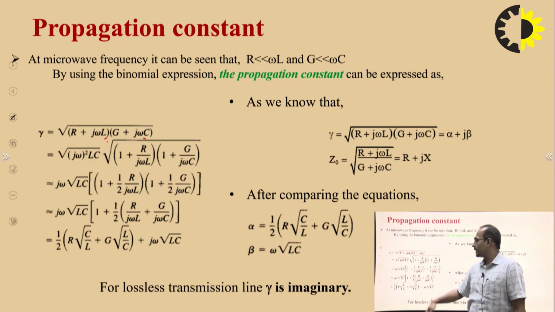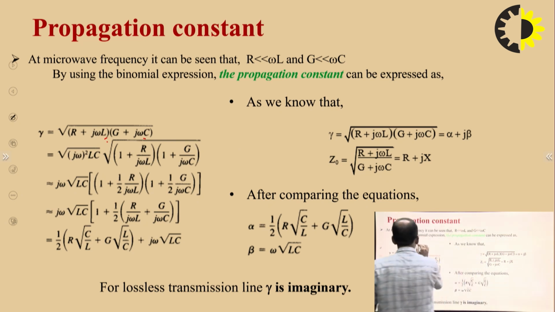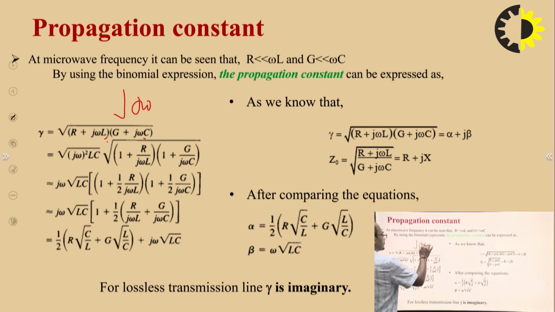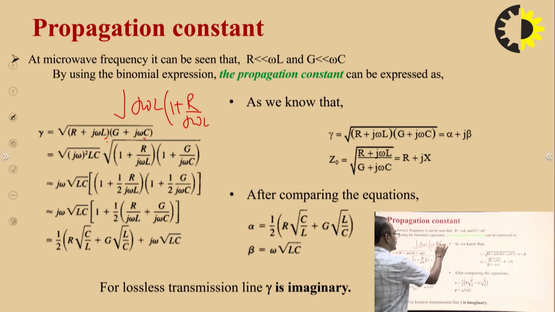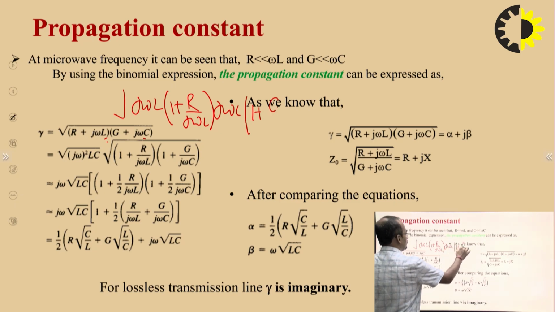If I take jωL common, what will I get here? One plus R by jωL. Similarly, if I take jωC common, I will get 1 plus G upon jωC.